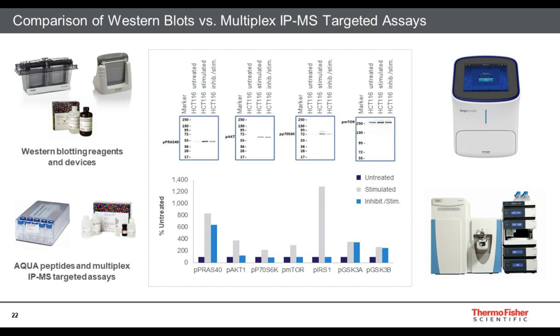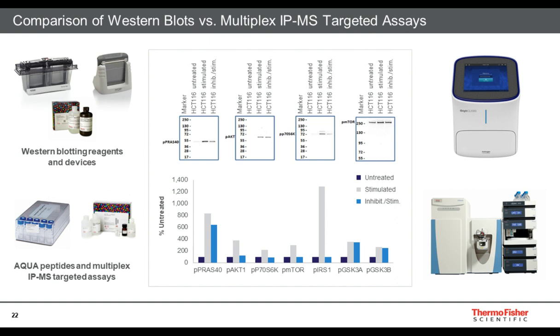On the top panel, what you're seeing is the Western blot results, where in the HCT116 cell line, for 4 different phosphorylated targets, PRAS40, phospho-AKT, phospho-P70S6K, and phospho-mTOR, you can see that PRAS40, AKT, and P70S6K phosphorylated forms were upregulated after stimulation with the human IGF-1, and they are also downregulated after inhibition with the drug followed by stimulation with human IGF-1, whereas we were not seeing significant changes in phospho-mTOR upon the drug inhibition.